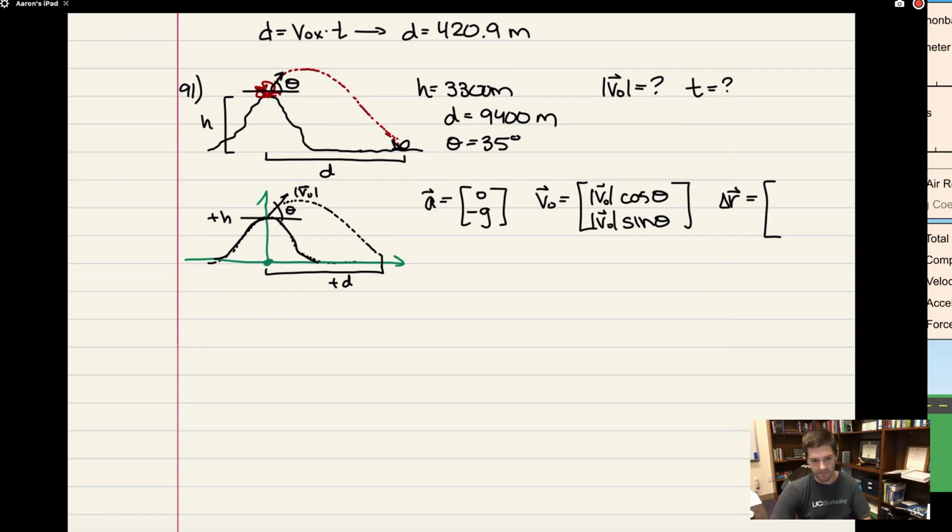I end up d away from the origin. I started at the origin in the horizontal direction, so then that's just d. For the displacement in the vertical direction, I end up at 0, but I started at h. So 0 minus h is negative h. I ultimately move, again, this is my displacement, to the right and down.